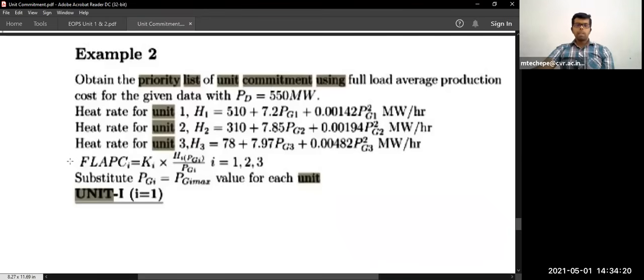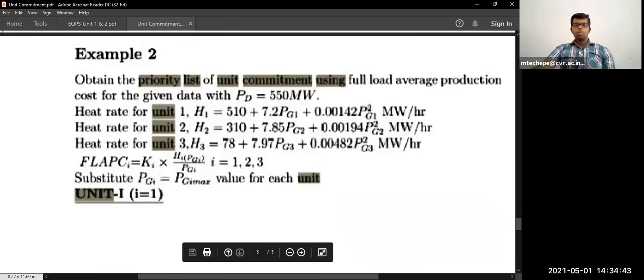So first step, we have to calculate FLAPC. FLAPC of i is nothing but Ki into Hi of Pgi divided by Pgi, for i is equal to 1 to 3, or 1 to n, whatever units we have taken. Substitute Pgi equal to Pgi maximum for each unit.